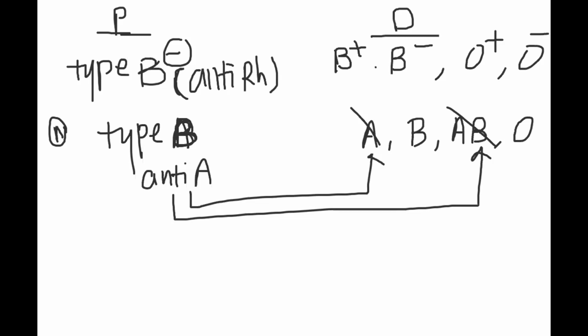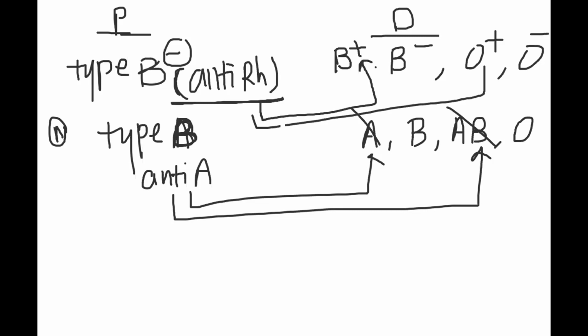Okay, so in that case, we do not want to take a chance. We just say, if it's a negative blood, then this person may have anti-RH antibody. If you do have anti-RH antibody, then it's going to react with RH antigens.